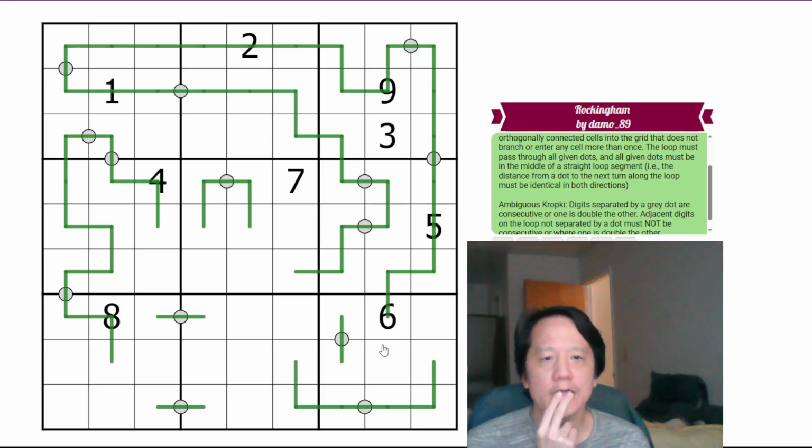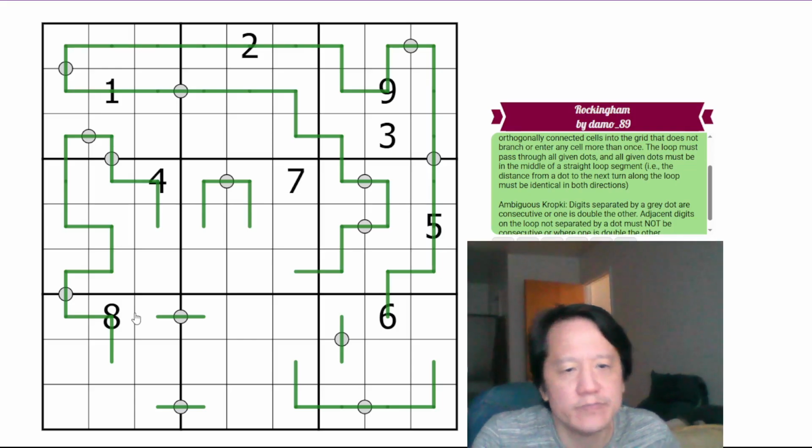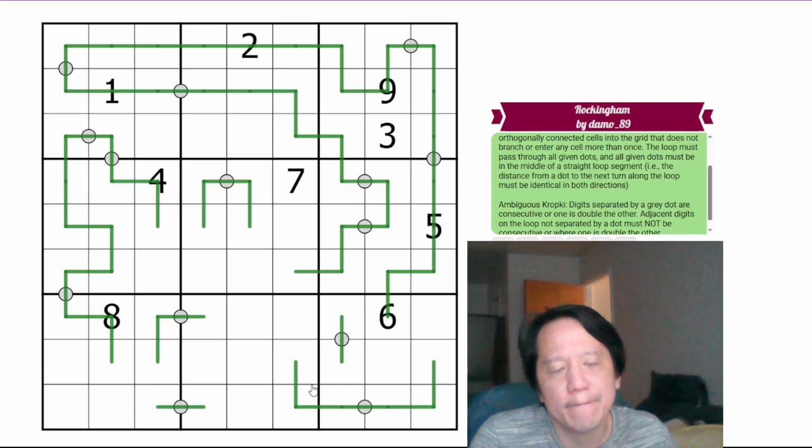Okay. I'm trying to figure out if you can construct the loop entirely this way. We know... Can you go that way?